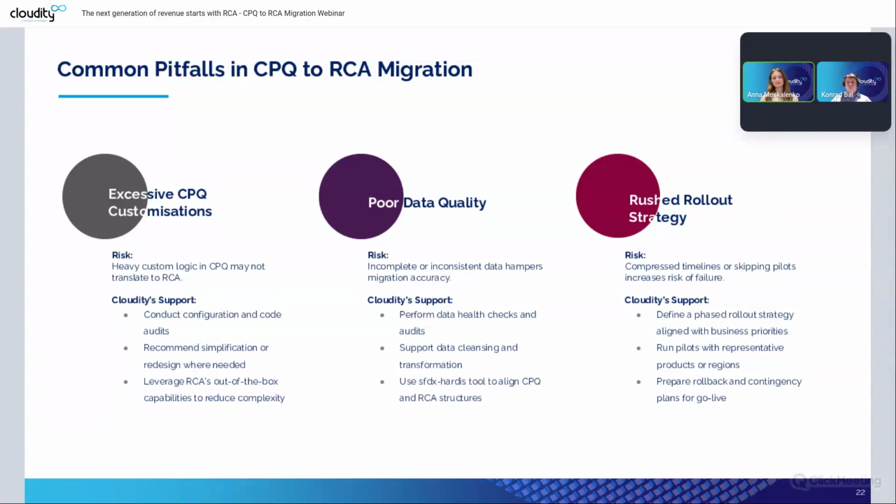And the third is rushed rollout strategy. What I've mentioned before is very important to understand: time is really a precious commodity. While you have the luxury of having quite a bit of time until CPQ will become fully sunsetted, you should not delay evaluating the migration and executing it, right?